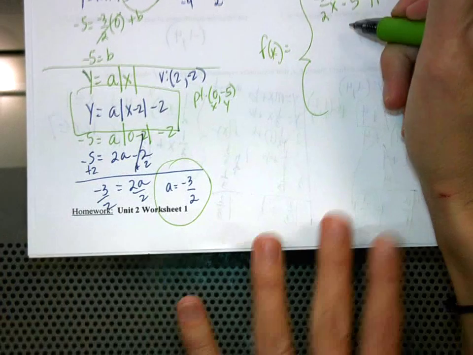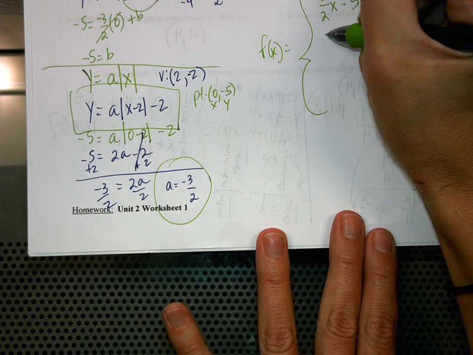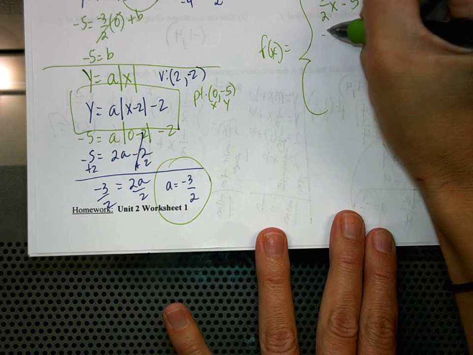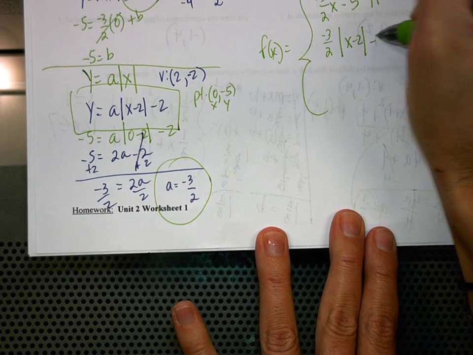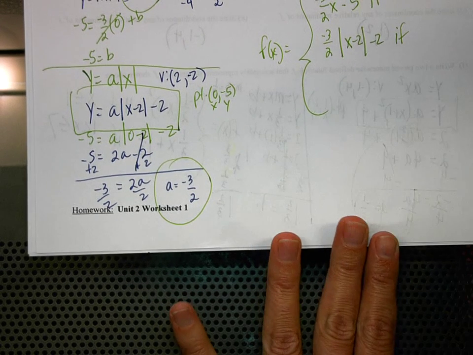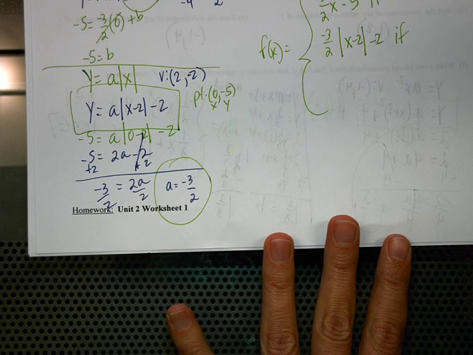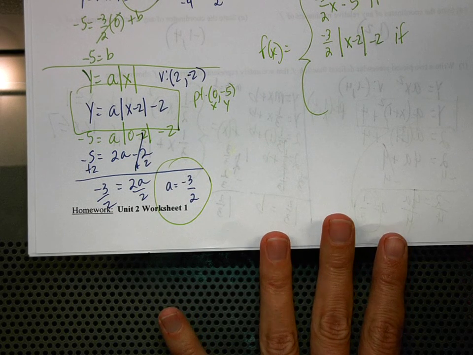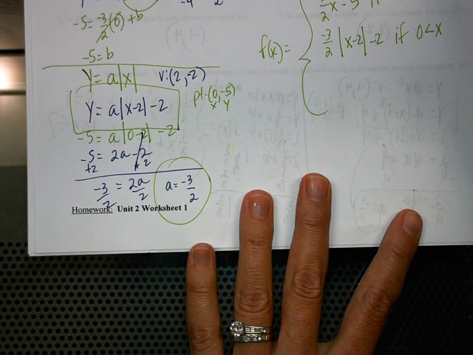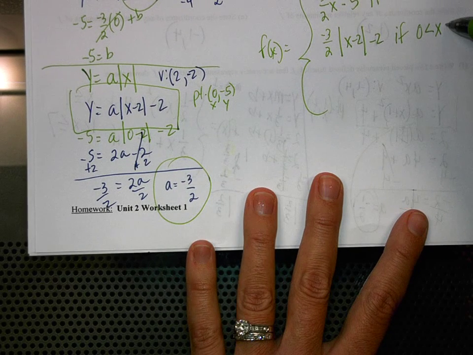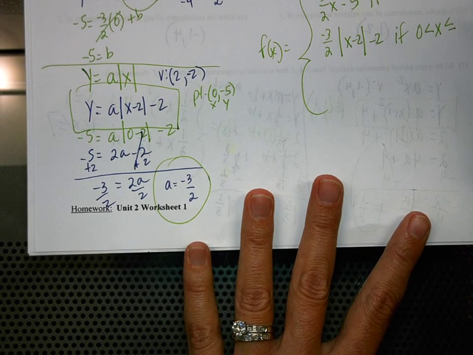So it's going to be -3/2 times the absolute value of x minus 2, minus 2, if, and then what's the interval? 0 is less than x, because I can't have the equal to twice for the same number, is less than or equal to which value? 4.